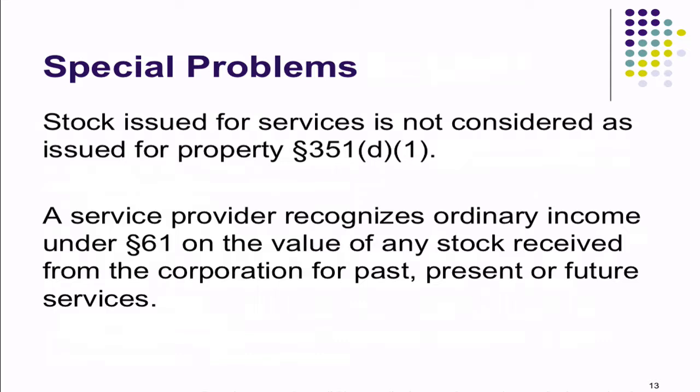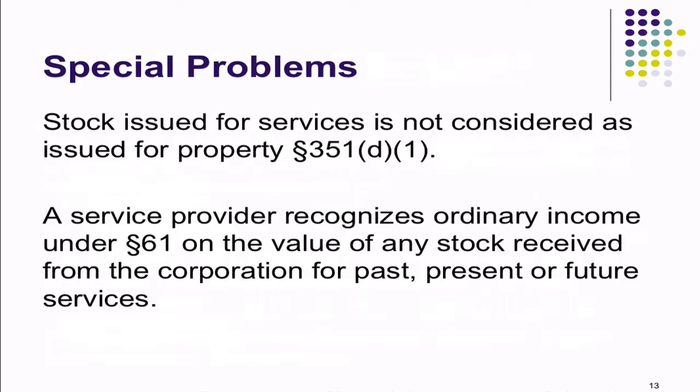Okay, special problems in relation to a 351 exchange. And this happens a lot too. Stock issued for services is not considered property for purposes of 351. So to be able to have 351 operate, there has to be an exchange of property. And giving the corporation services is not considered property under 351.